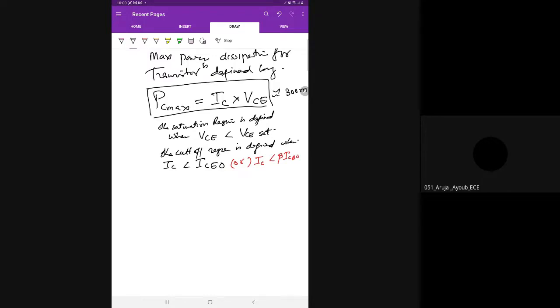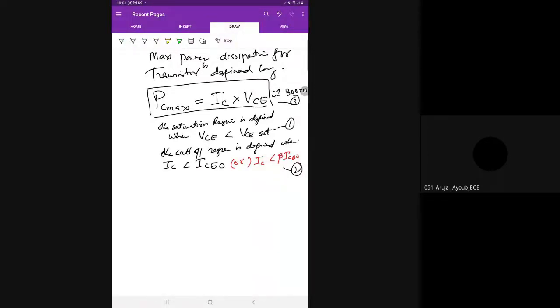ICBO. Okay. Now, if the characteristic curves are unavailable sometimes, then you can calculate the power handling capacity or PC max by these two relationships. Sometimes you are not given the characteristic curve, and then you can do it this way. By equation 1, equation 2 and also equation 3, you can define how much power can be dissipated.